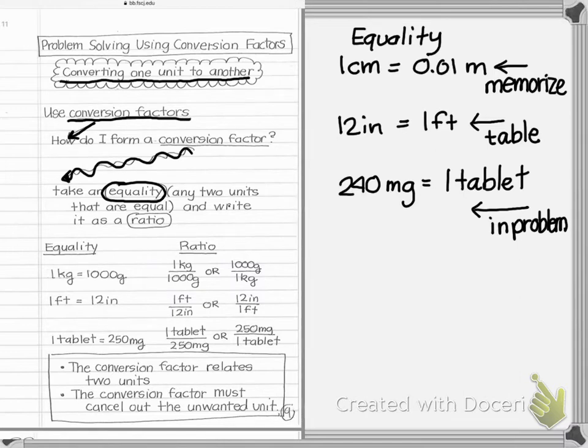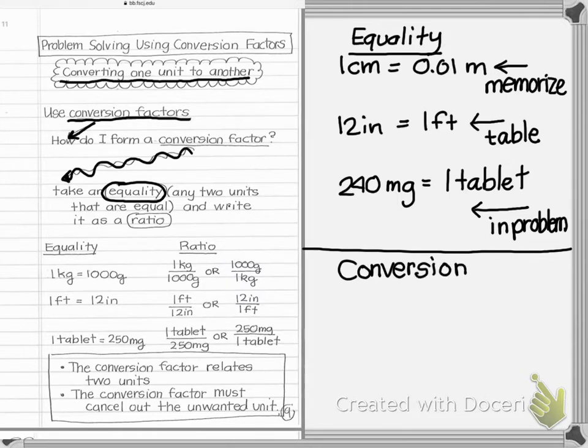Okay, so that's what equalities are, and equalities are how we're going to create our conversion factors. I'm going to make conversion factors for the 3 that I have up here. There are some other ones in the notes that I'll point out.